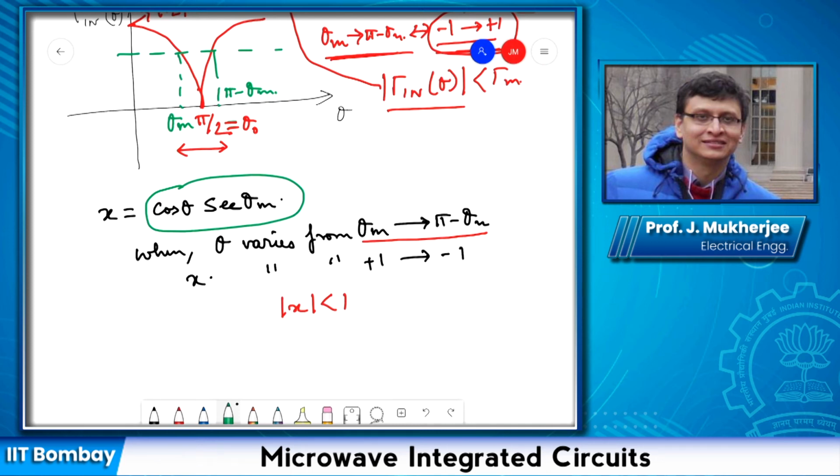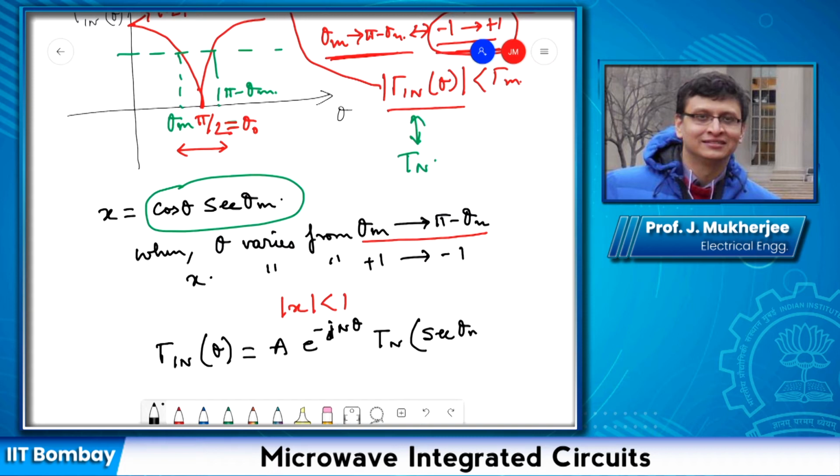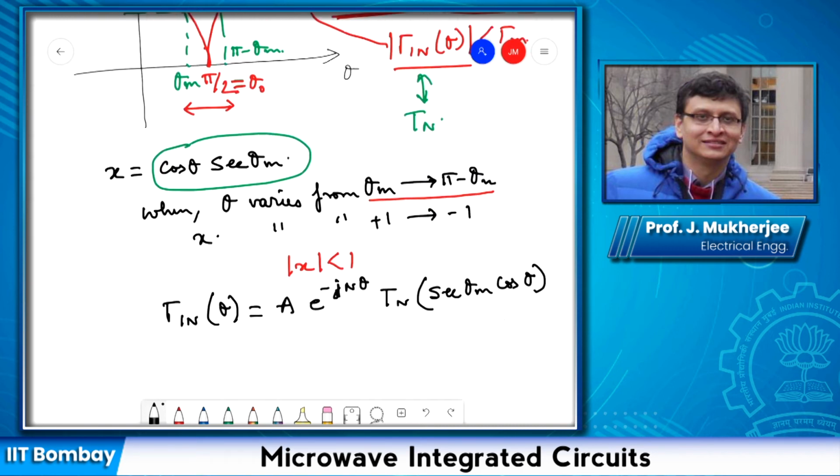What about the relationship between gamma in and the Chebyshev polynomial? So the relation is given by gamma in theta is equal to A times the Chebyshev polynomial.